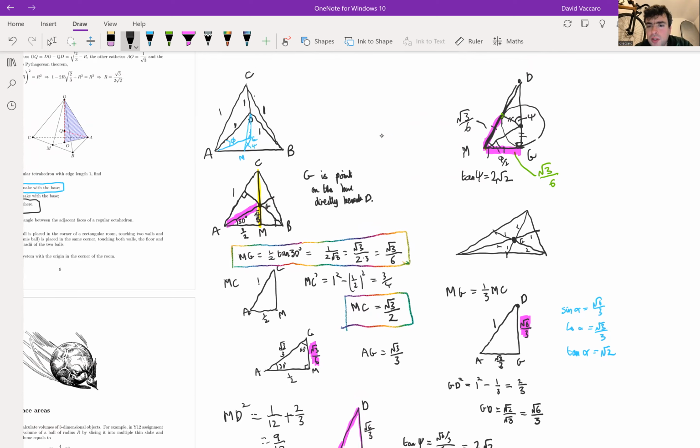And now we're almost done, because I know the total distance MD. I'll call this point where the circle touches MD P. So I can find PD. Okay, so PD is MD minus root 3 over 6.